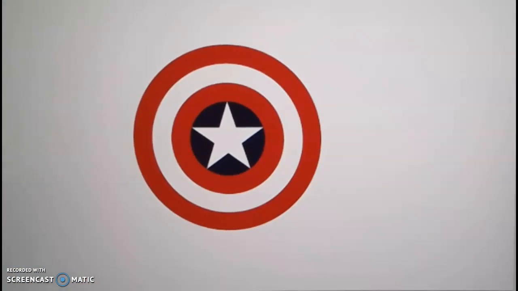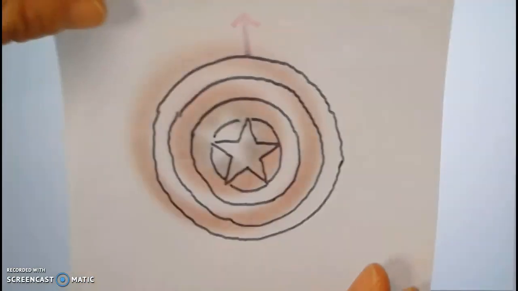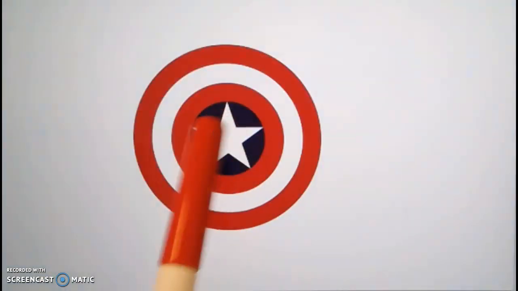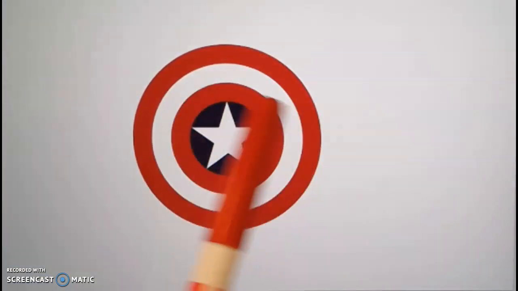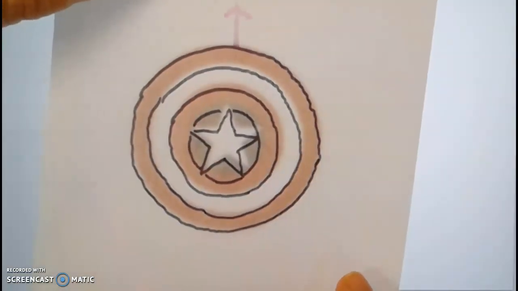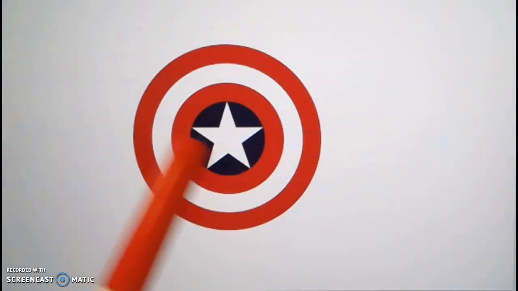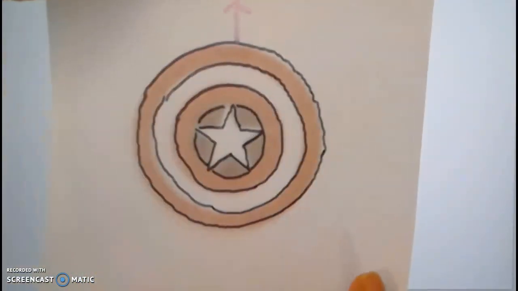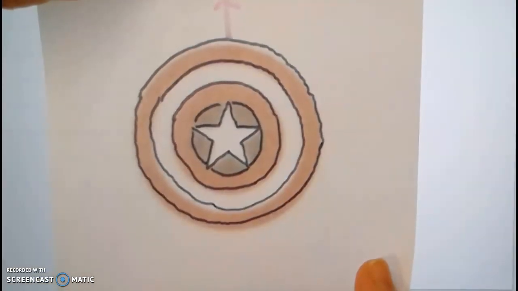What about my Captain America? This is an interesting one. Here's the thing, just pretend that there is no star there. If it was just circles, then if I just turned it a little bit, it would match up. But because of the star there in the middle, that is a limiting factor until we match up exactly.